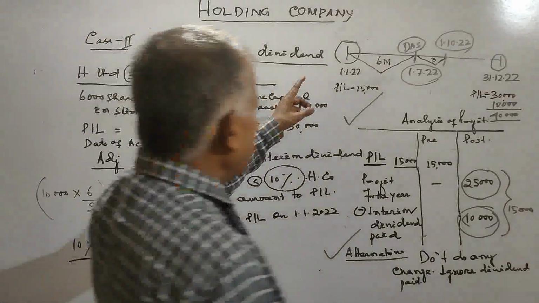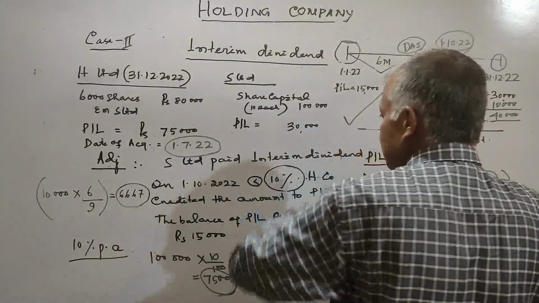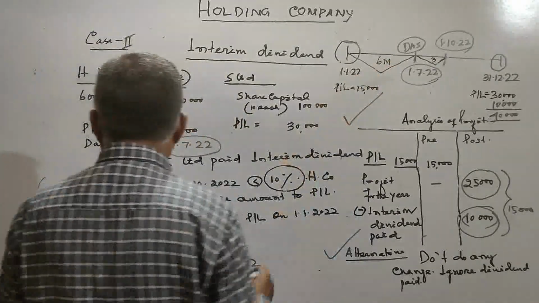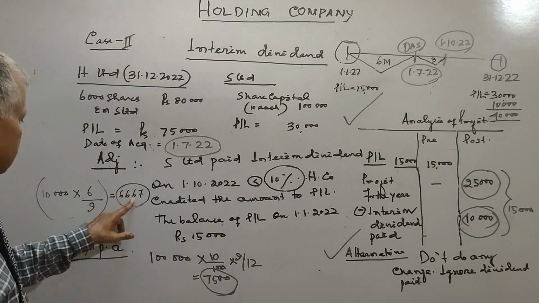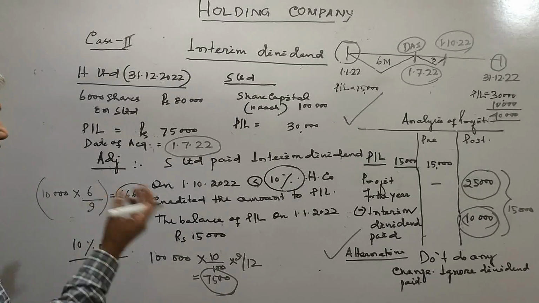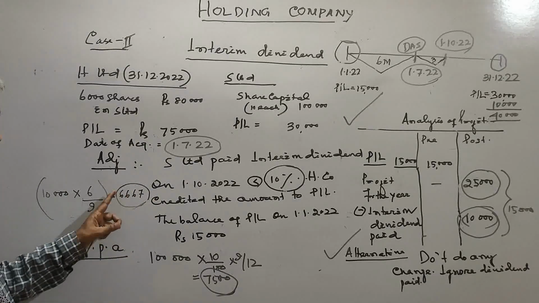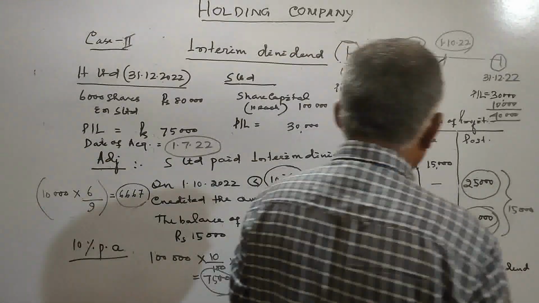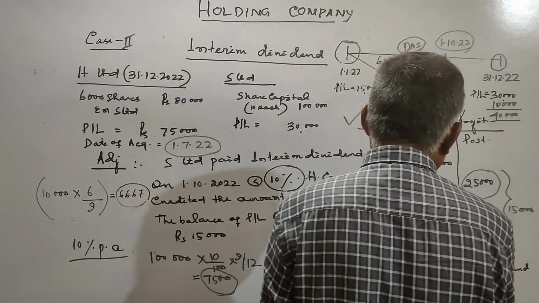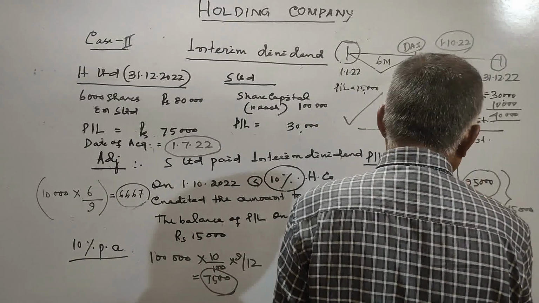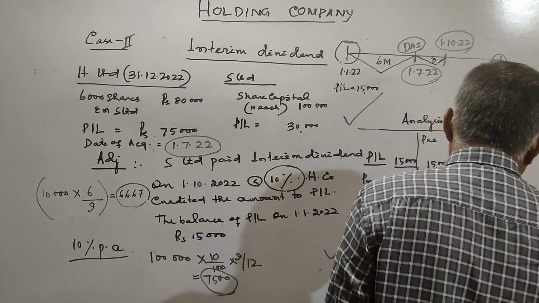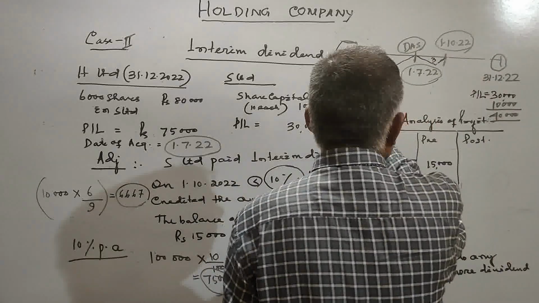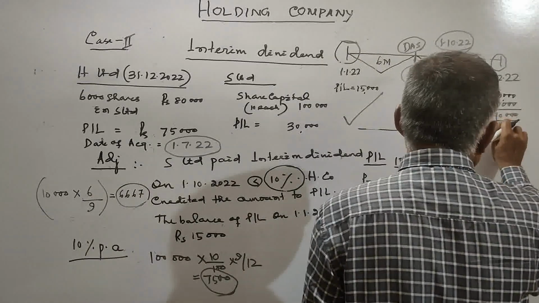So 10,000 is for 9 months, and what is your dividend for 6 months? 6 months is your 6,667, and post acquisition period it is 3,333. So friends, if we take the profit for the year, here this is the 15,000, total 40,000.